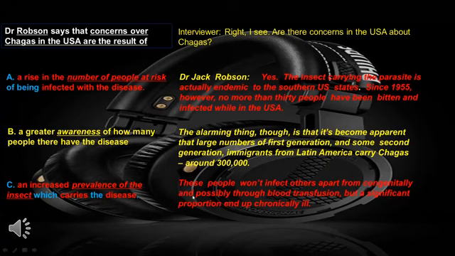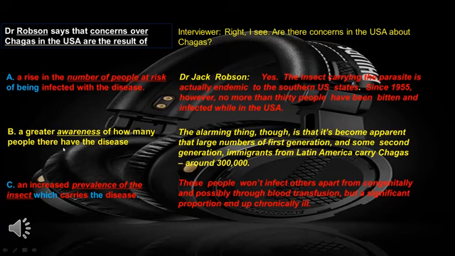After that, these people won't infect others apart from congenitally and possibly through blood transfusion, but a significant proportion end up chronically ill. Again, there is no information fitting here.